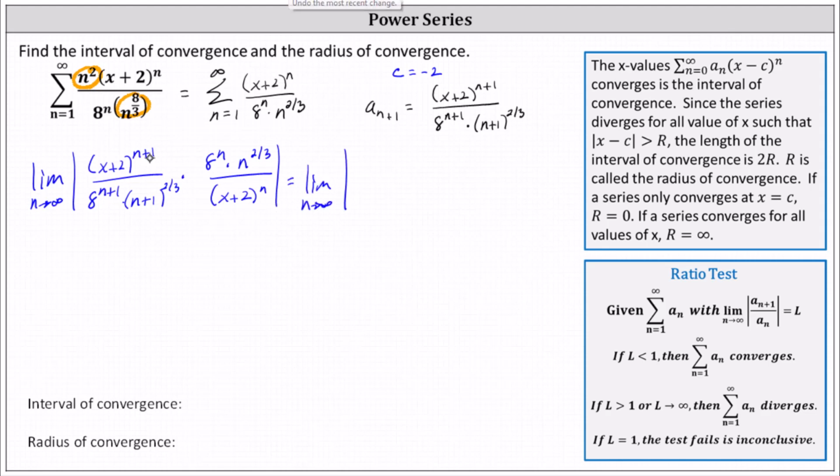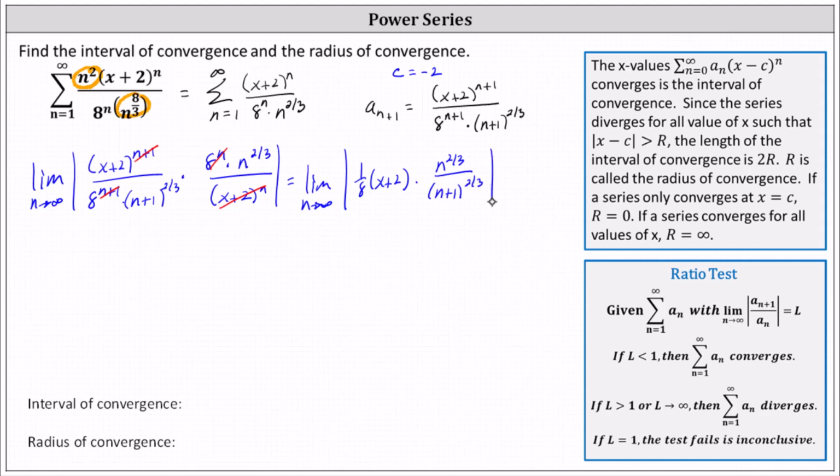(x + 2)^(n+1) divided by (x + 2)^n simplifies to 1 factor of x + 2 in the numerator. 8^n divided by 8^(n+1) simplifies to 1 factor of 8 in the denominator. From here, let's write (x + 2) divided by 8 as 1/8 times the quantity (x + 2), and then we still have times n^(2/3) divided by (n + 1)^(2/3).